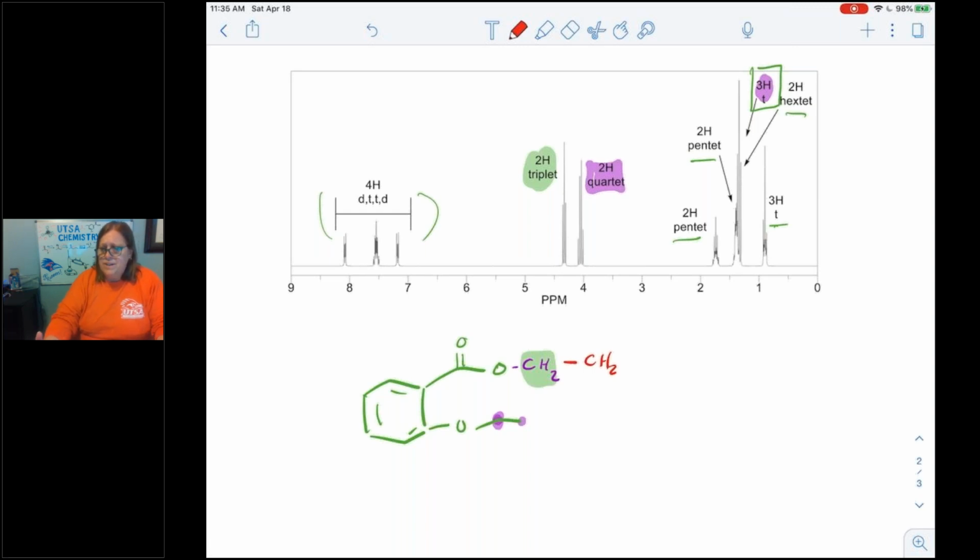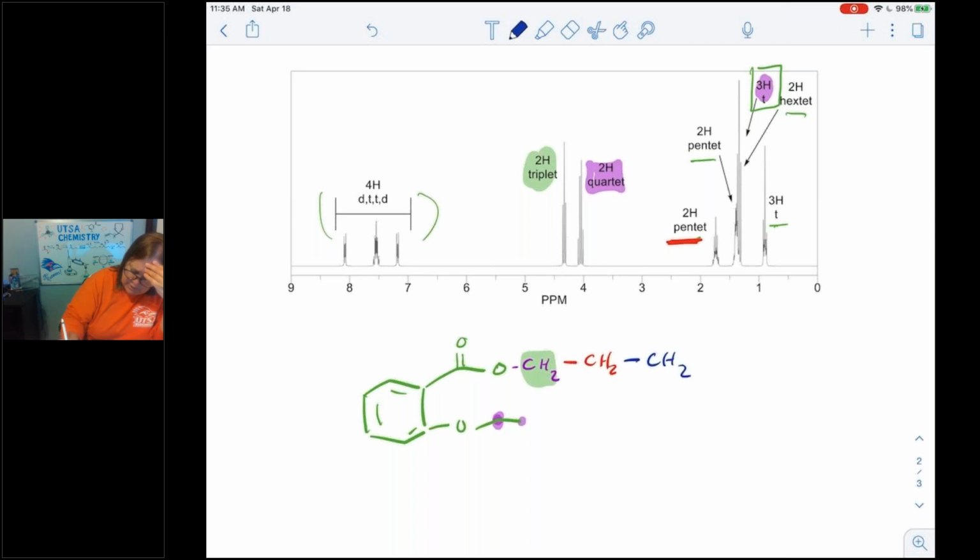And frankly, everything else I have left in my NMR are CH2s or CH3. If I attach the CH2 directly to a CH3, first of all, he wouldn't be a triplet, and then I'd be done. So this CH2 is probably this CH2, and he's a pentet, which means he has 4 neighbors. So CH2 on one side, CH2 on the other side.